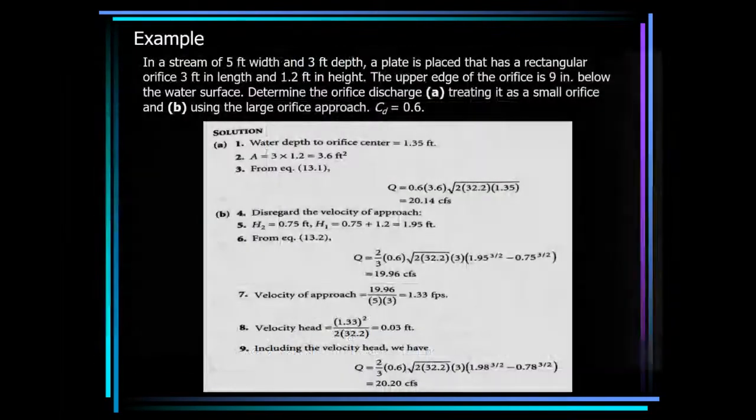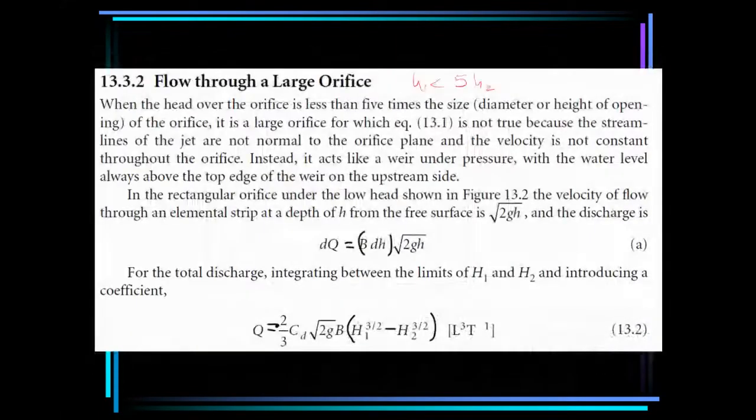So when you integrate this from H2 to H1, you'll arrive at this.